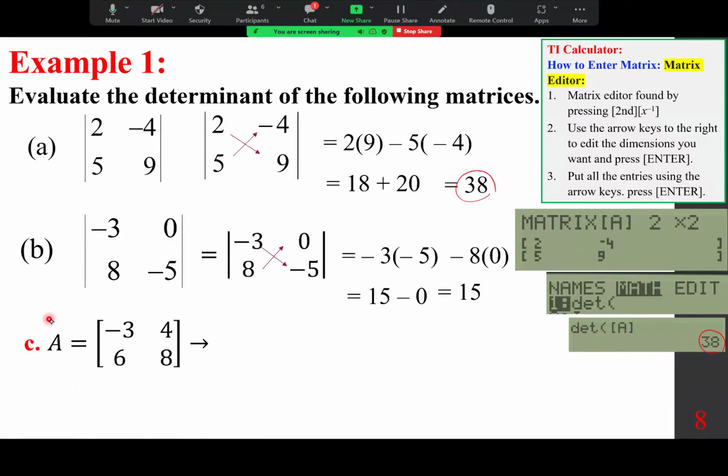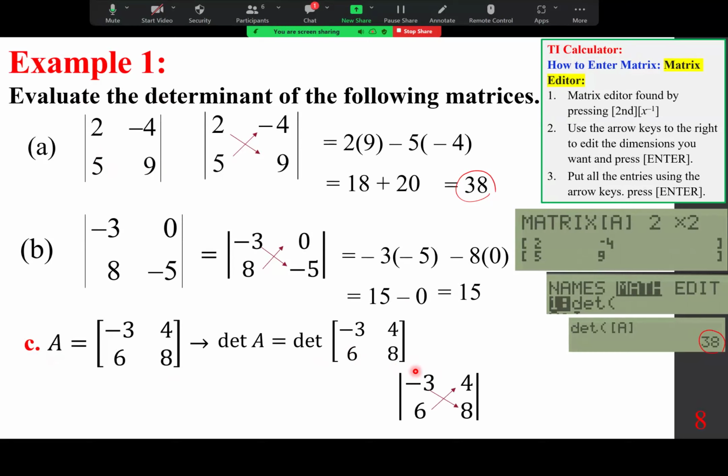Let's look quickly at one more example. We want the determinant of this matrix. When we put it in this format, we are asking for the determinant. If we are given this, we're going to say determinant of A, which is now writing it in essence with an absolute value sign.